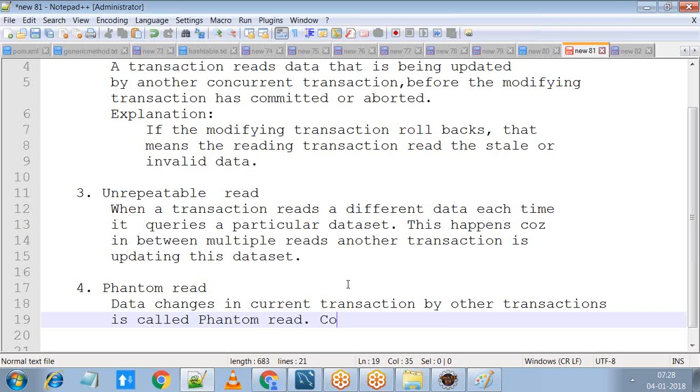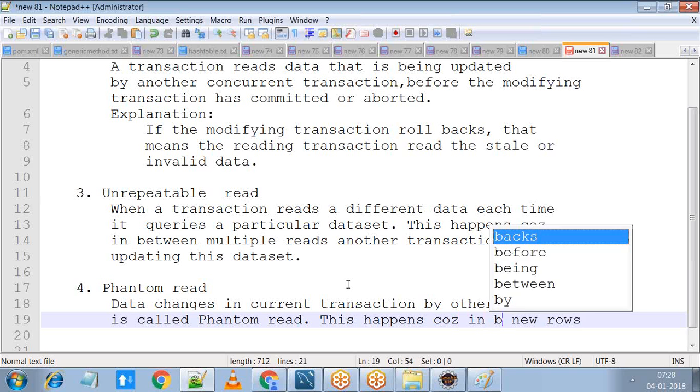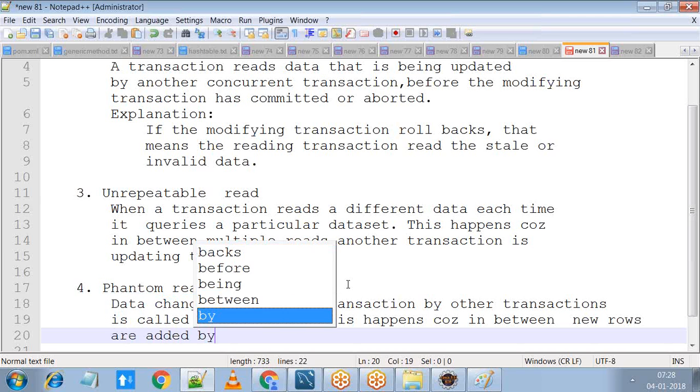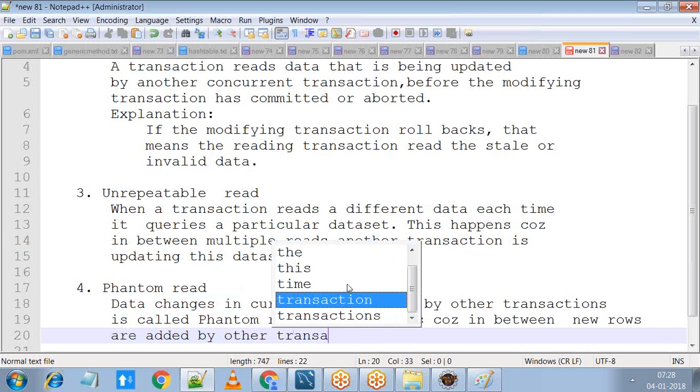This happens because, in between, new rows are added by other transactions.